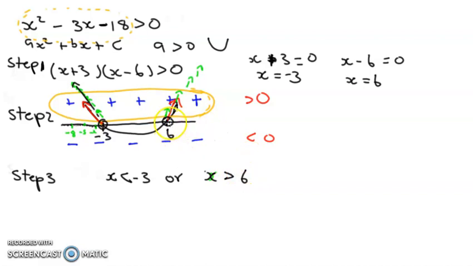So for all the values of x that are greater than 6, let's say for example here that would correspond with 7, here with 8, here with 9, and here with 10. For all these values on the positive side, the graph would be above the x-axis. In other words, the graph would be greater than 0. That's why we put x is greater than 6 as a solution.